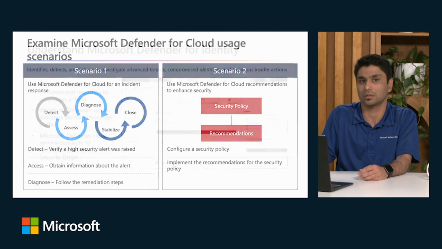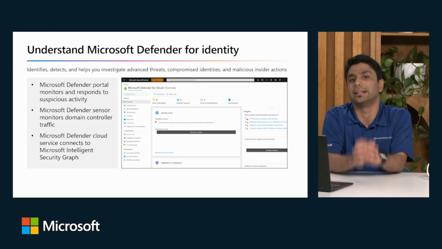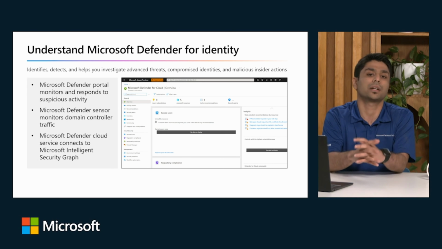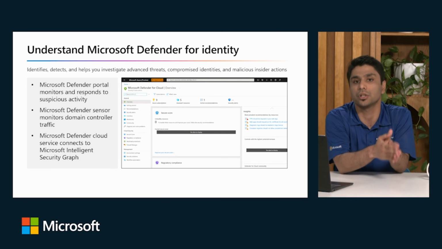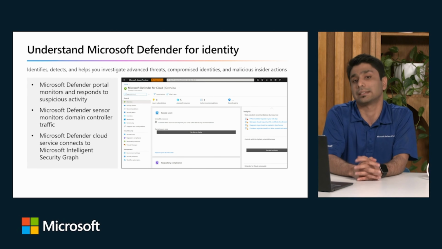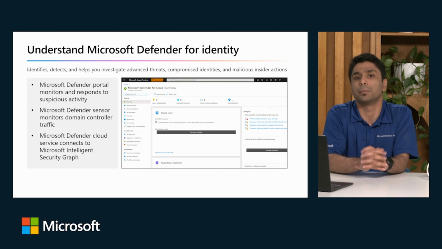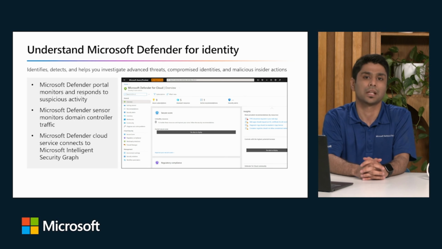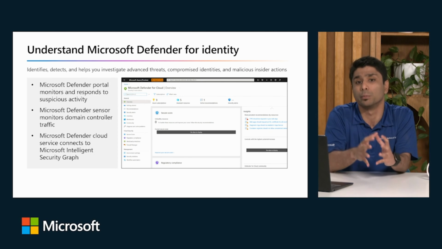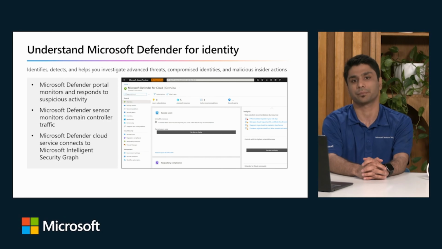Now, another important security program that can be used with Microsoft Defender for Cloud is Microsoft Defender for Identity. It is part of Microsoft Defender, and unlike Defender for Cloud, which works primarily for Azure, Microsoft Defender works with things like Office 365 or Microsoft 365, which are intended for business users who are not necessarily developers or engineers. Now, Microsoft Defender has its own portal, and you can monitor and respond to suspicious activities there.